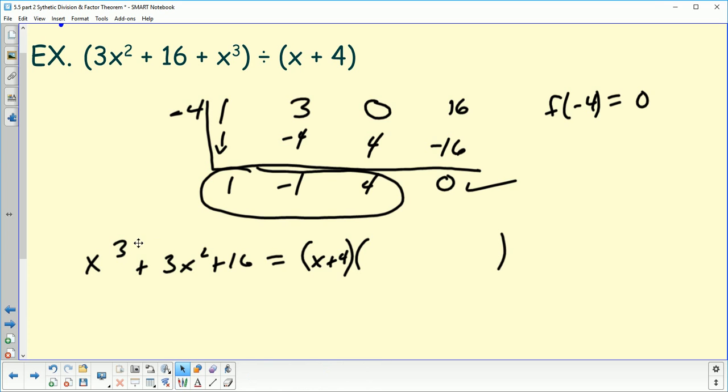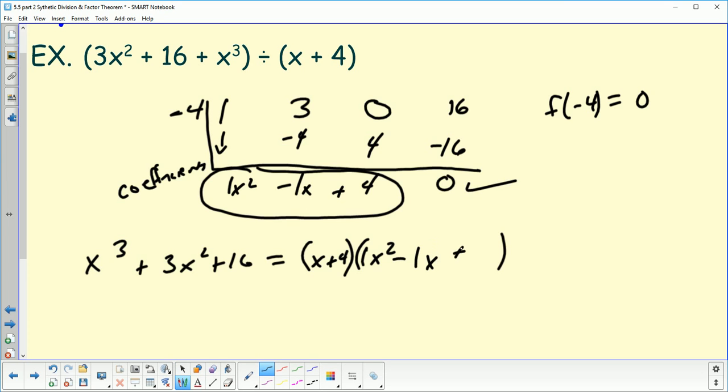So since this was an x cubed term and I divided it by an x term, that means here is an x squared term. So I have 1x squared from that first one. These are basically your coefficients for your other factor. And I'm going to have minus 1x, because I need to decrease by 1 each time. So we have x squared minus 1x plus 4.